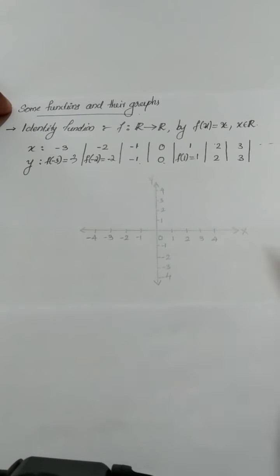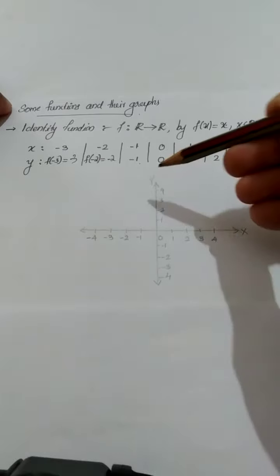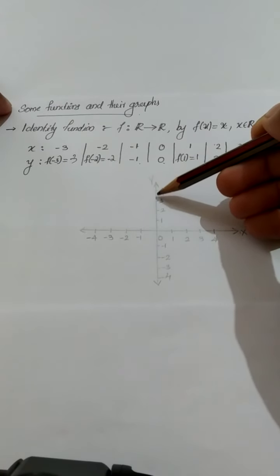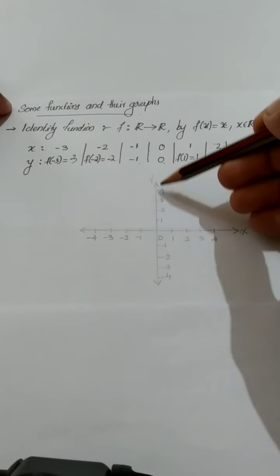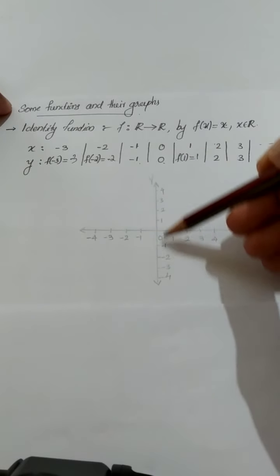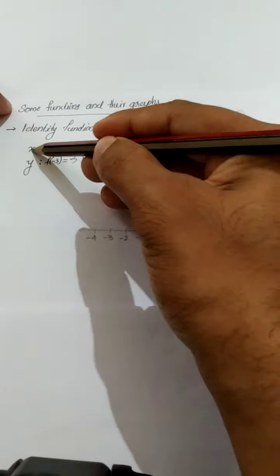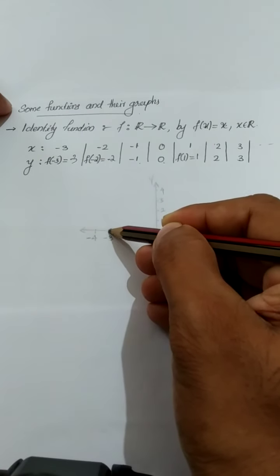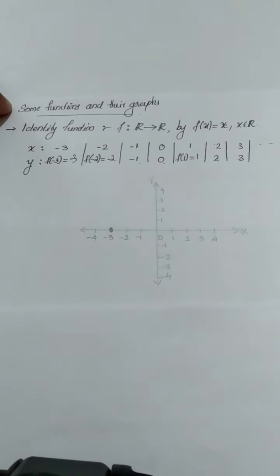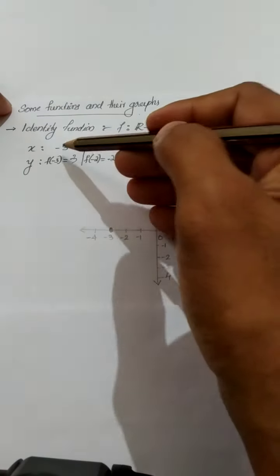So let this be the x-axis and this the y-axis. This is the image axis, y. So first of all, let x equal -3. So this is the value of x. Now we will get the answer: f of -3 is equal to -3.